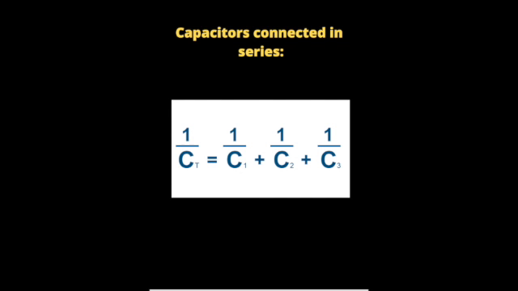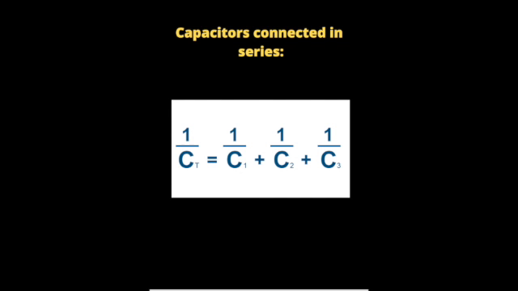Now we can add all voltages. V source is going to be equal to the voltage of each capacitor, which is V1 plus V2 plus V3. Now, if we have the C equivalent, we have to do Q over C equivalent, which is equal to Q over C1 plus Q over C2 plus Q over C3.